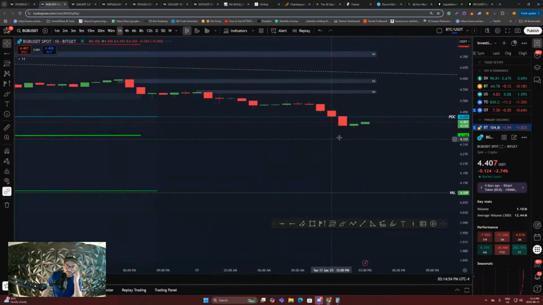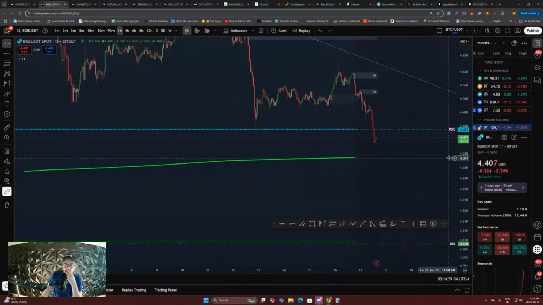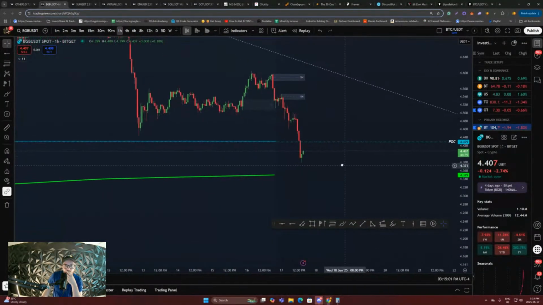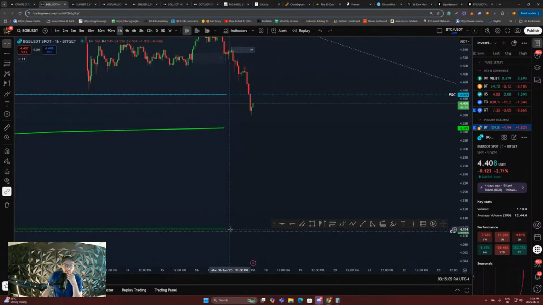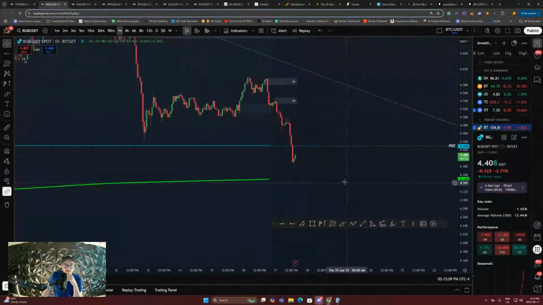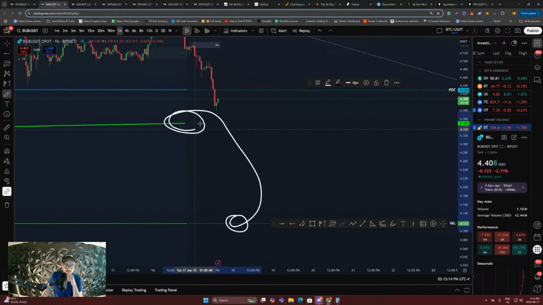So let's zoom in on the lower time frames. Yeah, so I'll be preparing for a potential long. It's awkward being near the point of control, but I can see us not making it to the value area low because of this barrier.